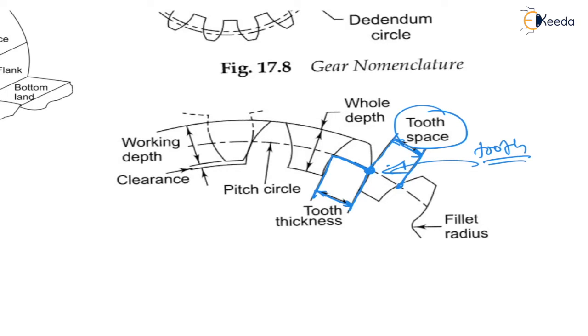See, you can see in this diagram, there will be a gear like this. Here there is a gear or a tooth like this. Now this tooth and this tooth are from gear 1, and this is a tooth space. At tooth space, another tooth of another gear is entering.